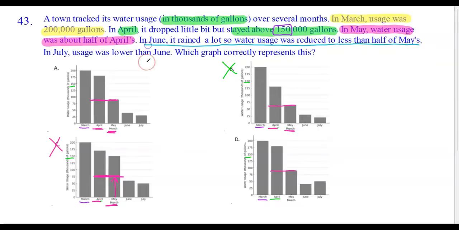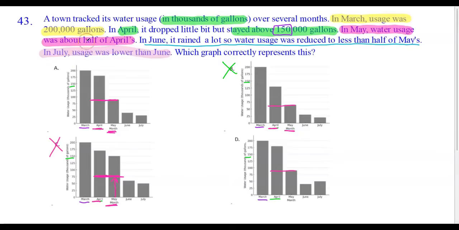I'm going to skip this sentence and just move to the last one and see if it's easier to understand. The last sentence states, in July, usage was lower than June. Oh, for me, that's easier to understand. In July, usage was lower than June.